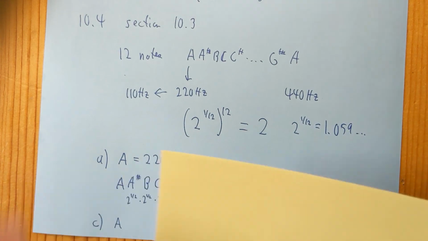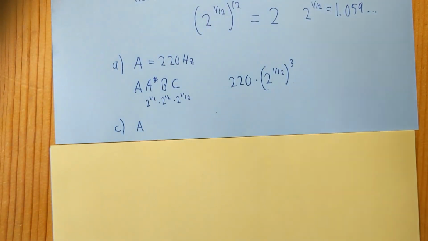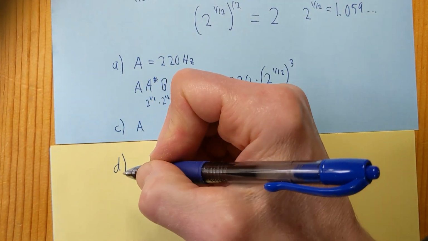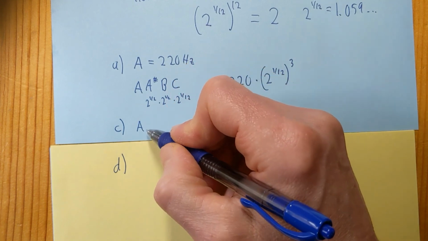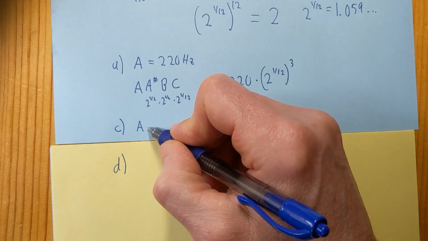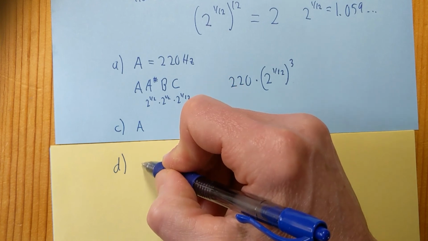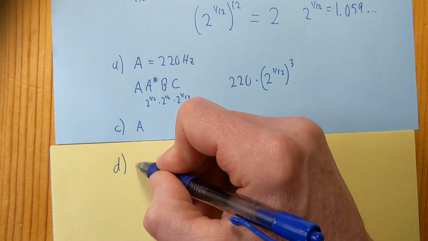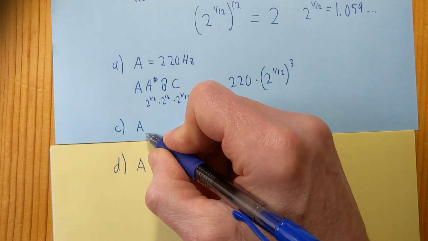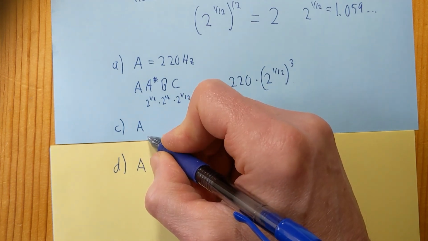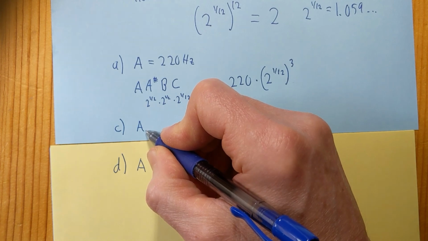And then part D, they talk about this Bosendorfer piano, and it's got a C above the lowest A. So once you figure out the A from part C, the Bosendorfer's got a C above that.